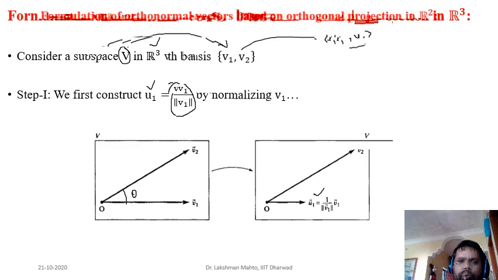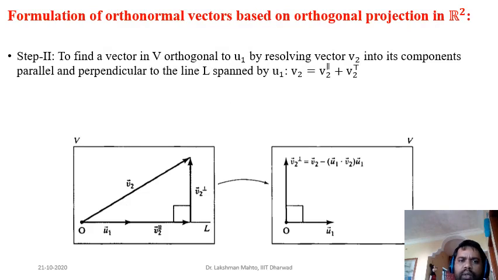Next, we will find a vector in V which is orthogonal to the unit vector u1 constructed in step 1. So we will find a vector which is perpendicular to u1.